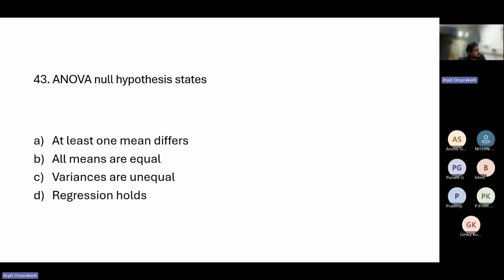43. The ANOVA null hypothesis states that A, at least one mean differs, B, all means are equal, C, variances are unequal, or D, regression holds. Okay.